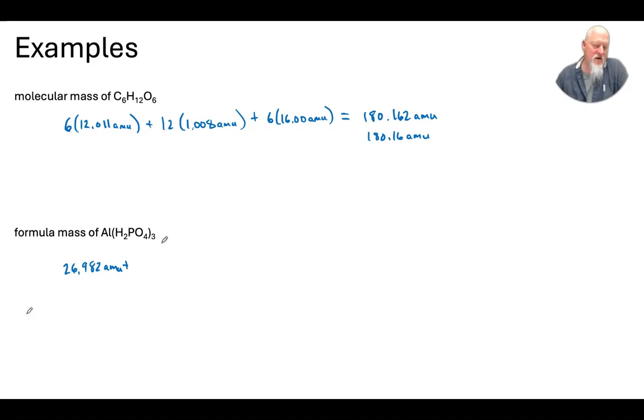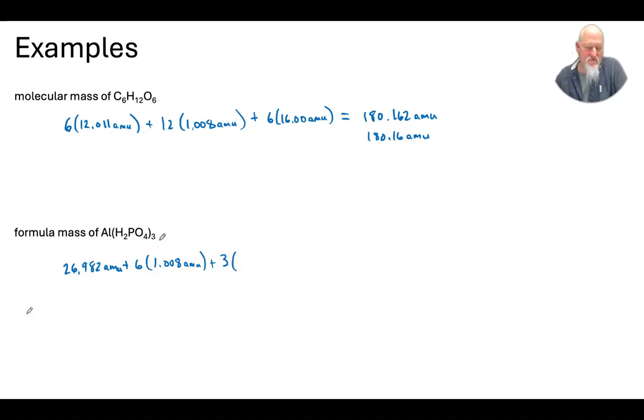Now we can see there are 3 dihydrogen phosphates, and each has 2 hydrogens, so we're going to need 6 hydrogens. So 6 times 1.008 AMU plus we have 3 phosphorus, because there's 1 phosphorus in every dihydrogen phosphate.